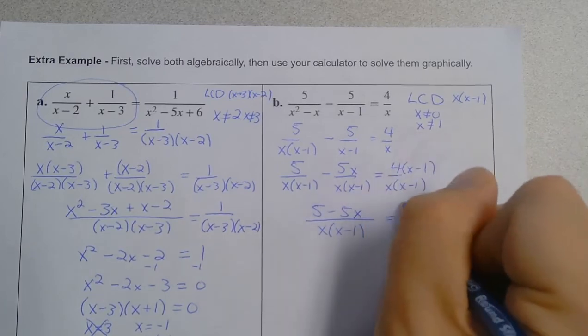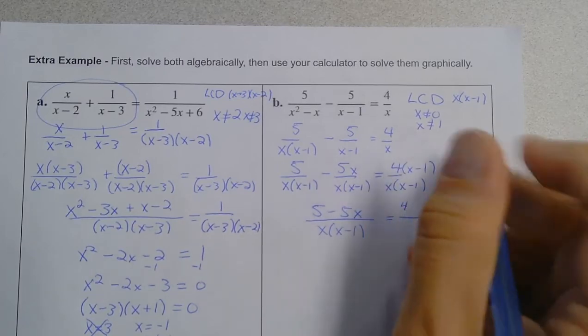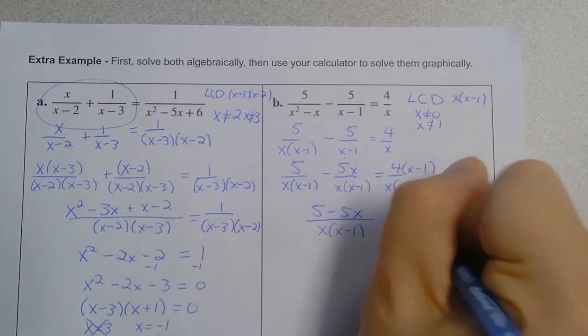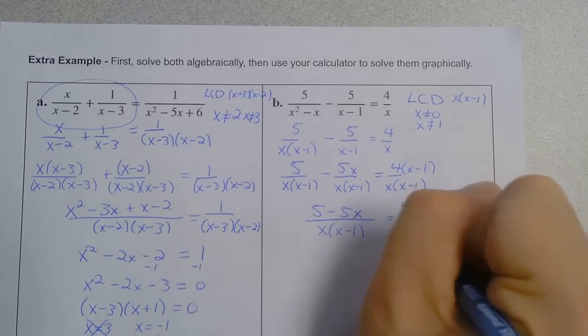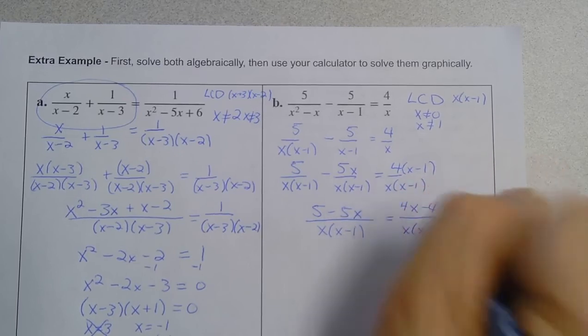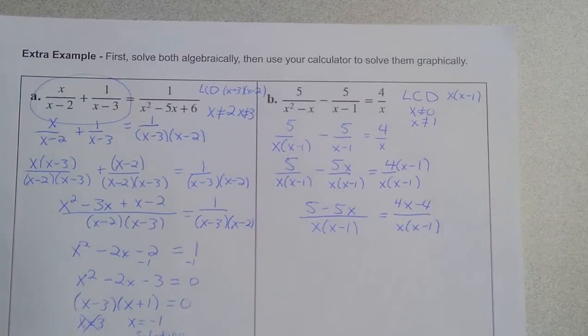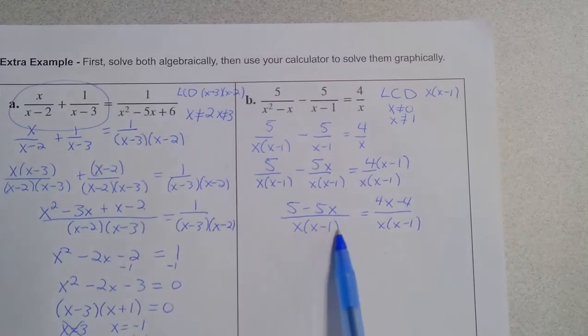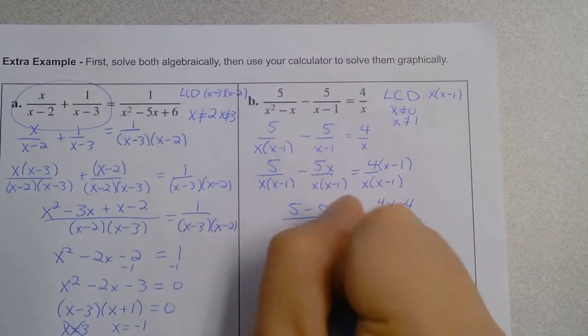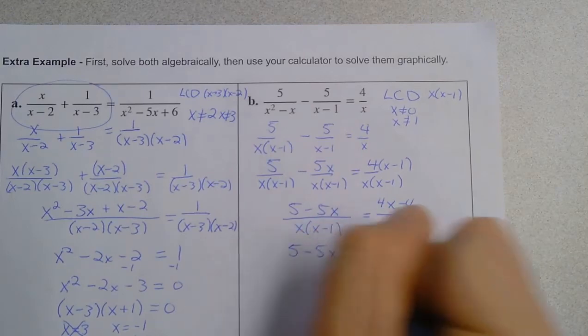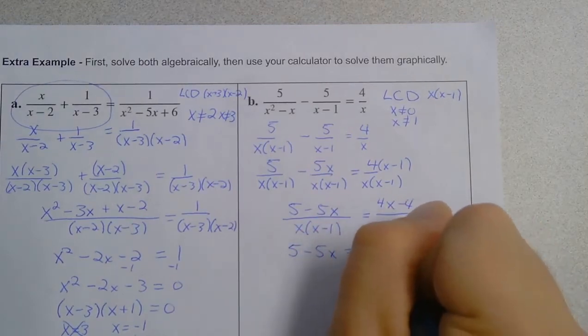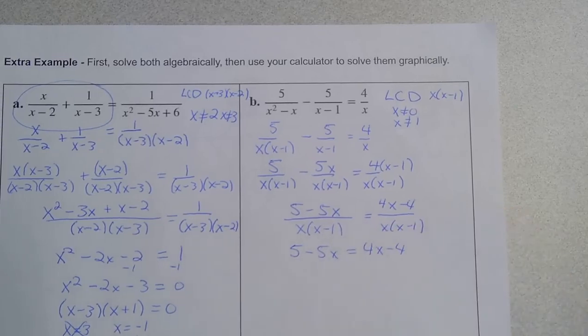So I'm going to go 4x minus 4 over x times x minus 1. Then I'm going to multiply the numerator and the denominator by x times x minus 1. And we get 5 minus 5x equals 4x minus 4.